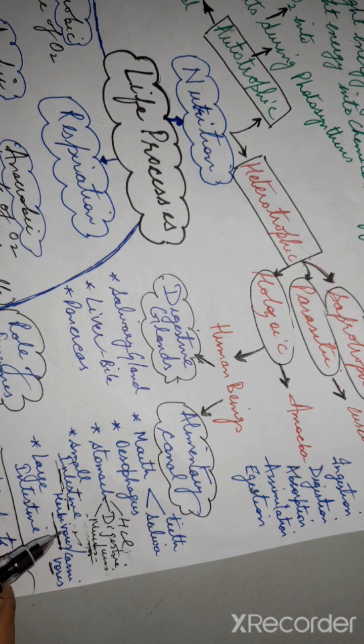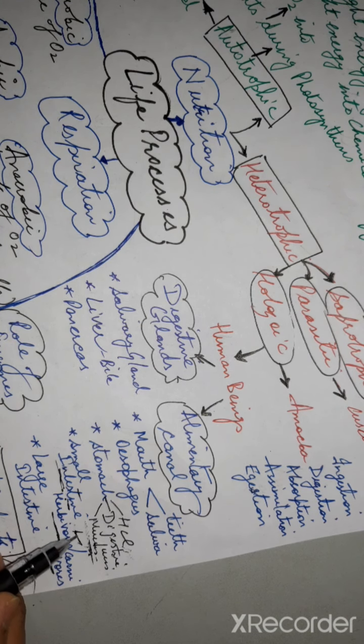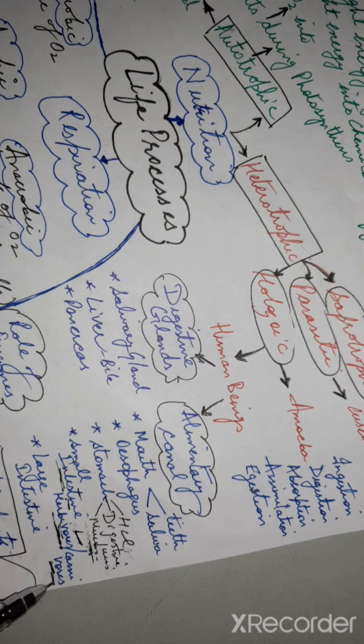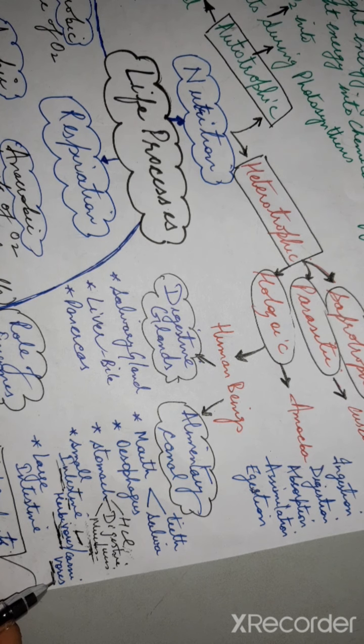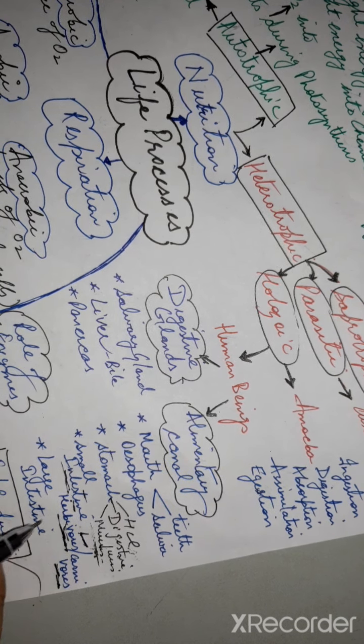The reason is herbivores eat the plant products which are mainly rich in cellulose, and digestion of cellulose takes a long time. That is why the small intestine of herbivores is longer, whereas the carnivores do not have to digest the cellulose, so their small intestine is a little bit shorter.